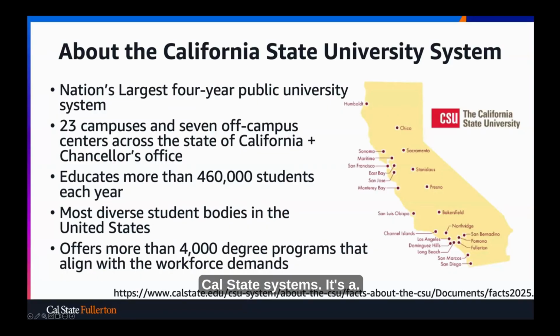As you can see, the Cal State system is a 23 campus system with over 460,000 students, and our campuses stretch all the way from Humboldt to San Diego. So it's pretty much all over the place within CSU, even though we're 23 campuses.